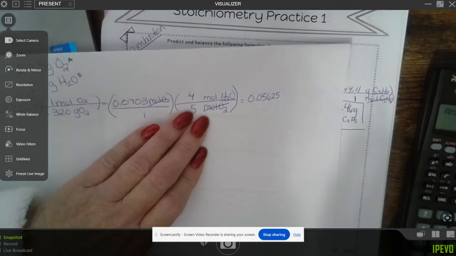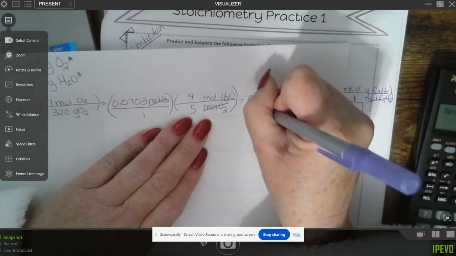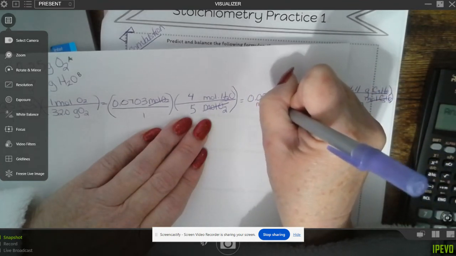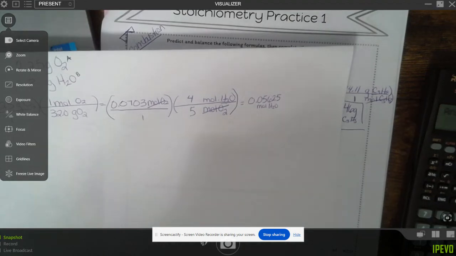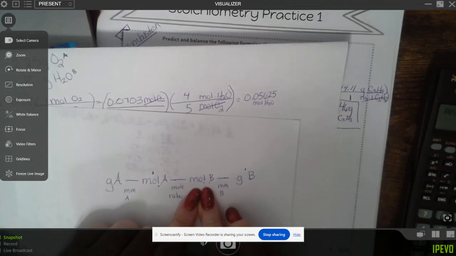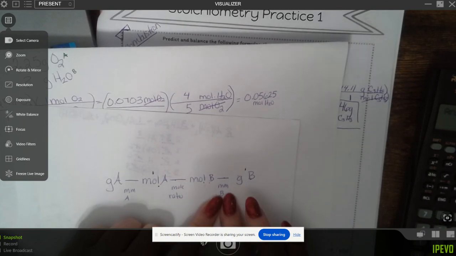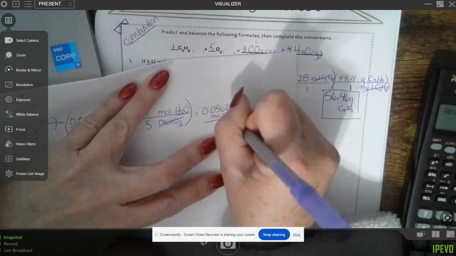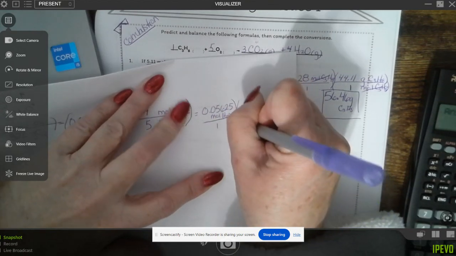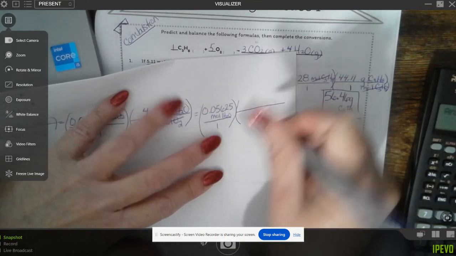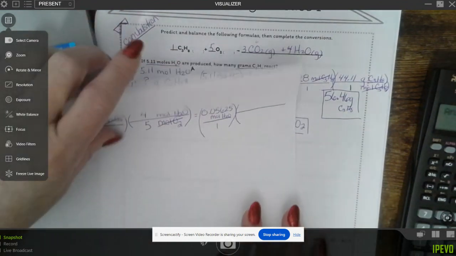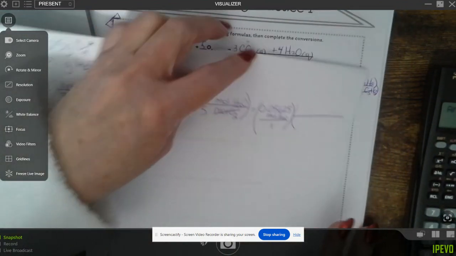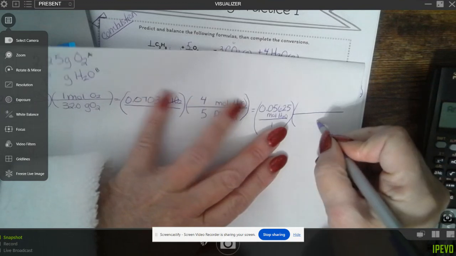All right, and that is moles of H2O. Okay, now that is what we start with for our final step. We're going to go from moles of B to grams of B using the molar mass. All right, so this is all over 1. I know since I've got moles of water here, I need moles of water on the bottom.